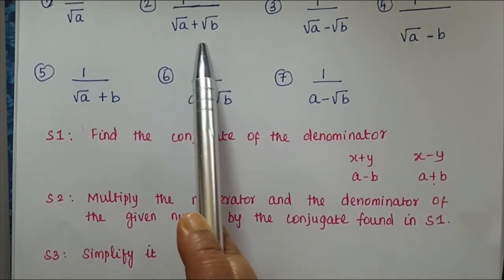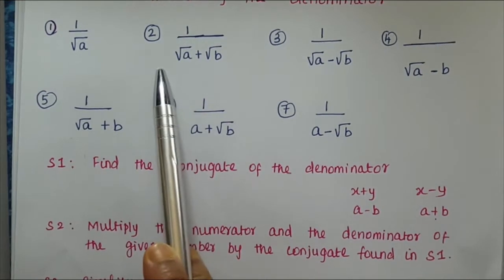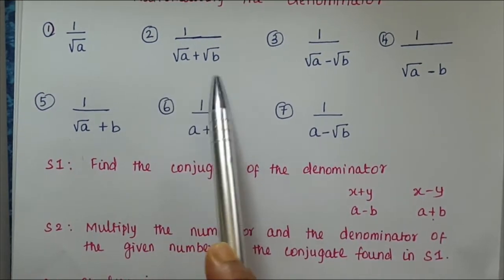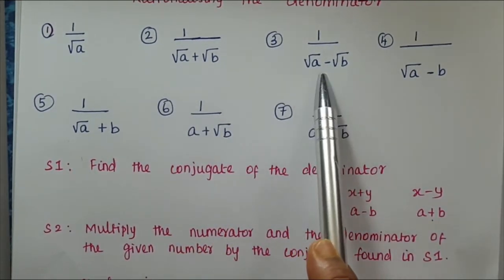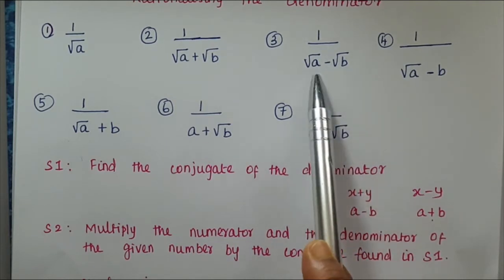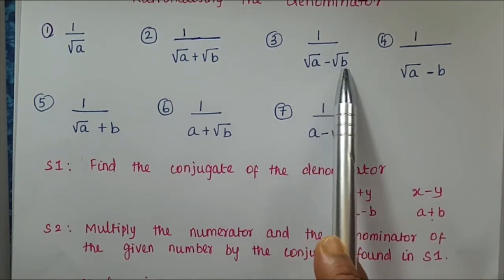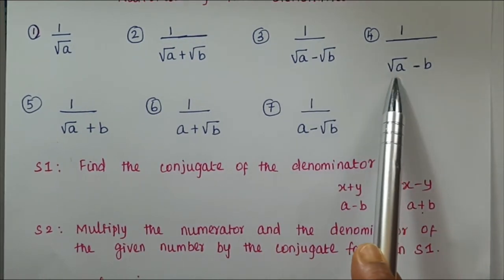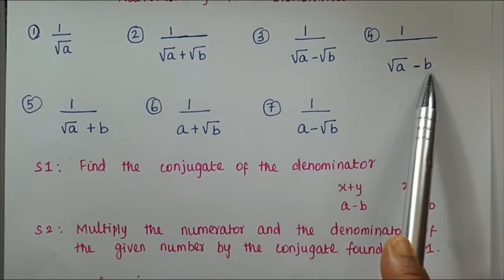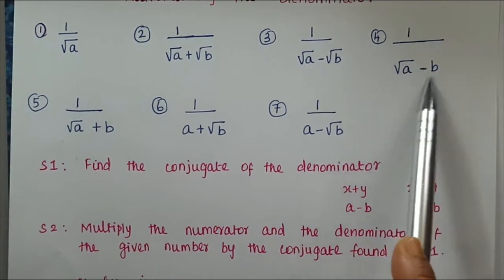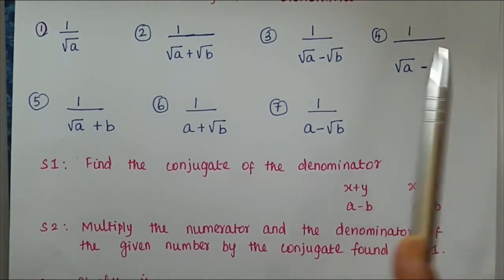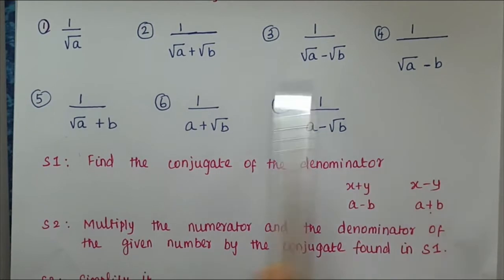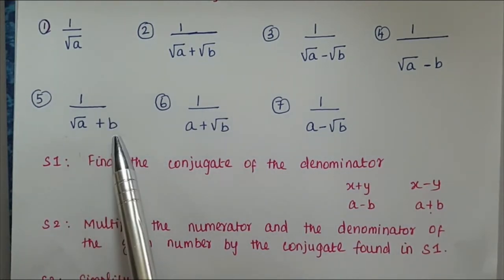Conjugate of square root of a plus square root of b is square root of a minus square root of b. Here the conjugate of square root of a minus square root of b is square root of a plus square root of b. And the conjugate of square root of a minus b is square root of a plus b.